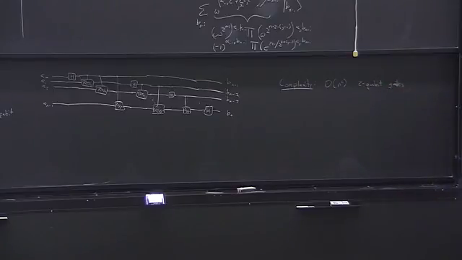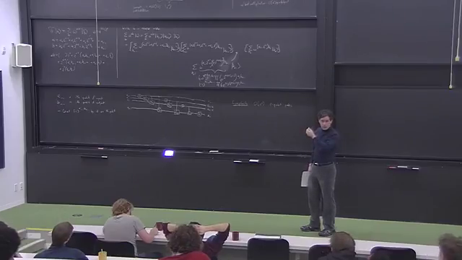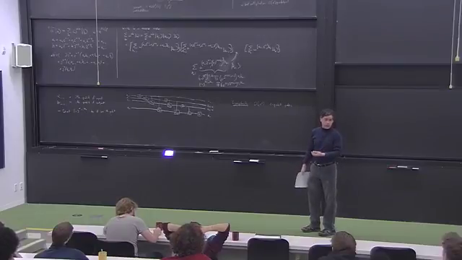Okay. So what we find is that the complexity of Shor's algorithm is actually dominated not by the Fourier transform, which is the more quantum part, but by the modular exponentiation.